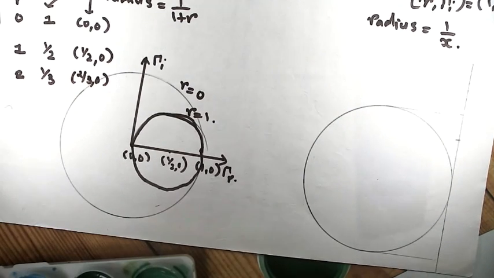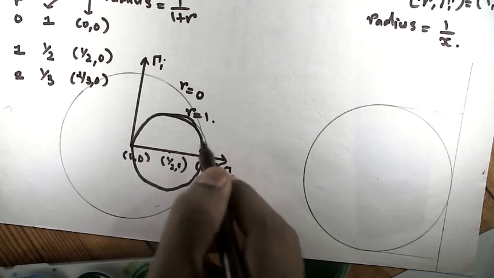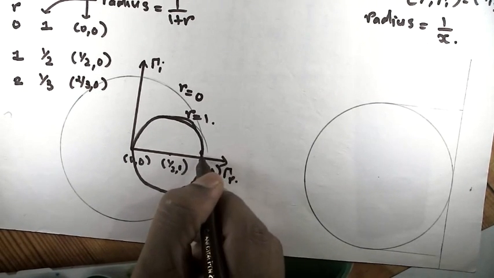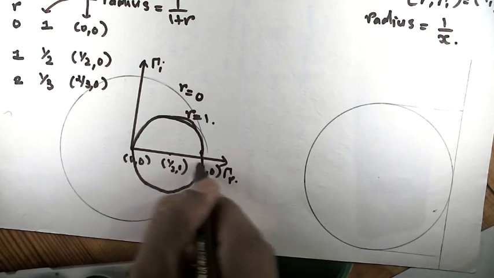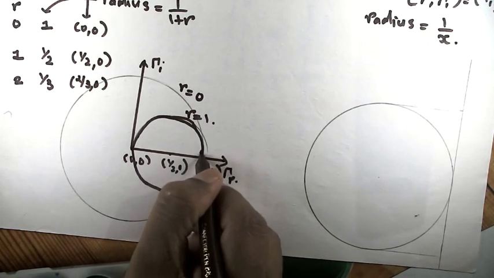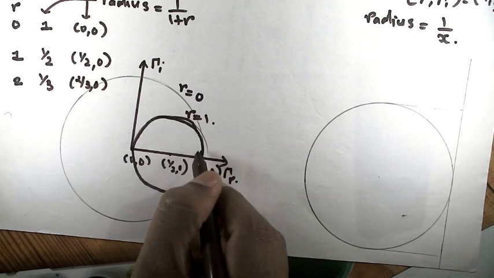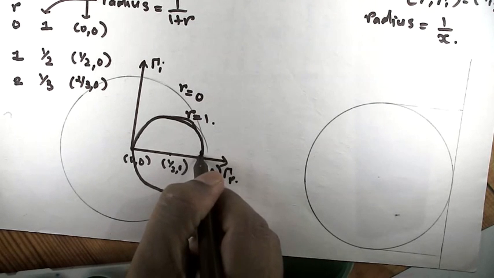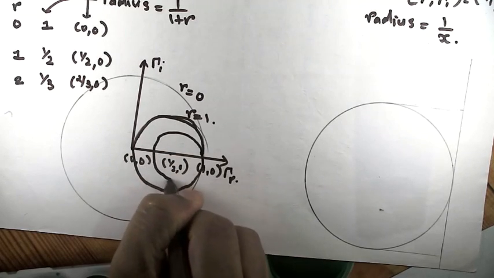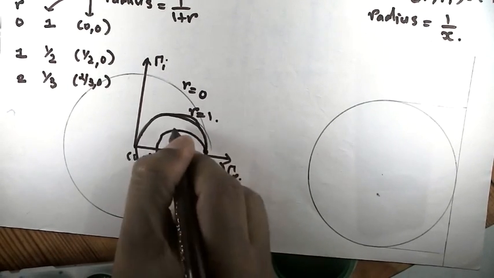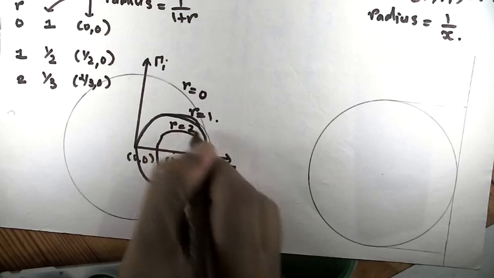For this case, if I draw, I will see that the circle becomes smaller and smaller, and it moves towards the point 1 and 0. So for r equal to 2, I may have a circle like this. This circle is nothing but r equal to 2.